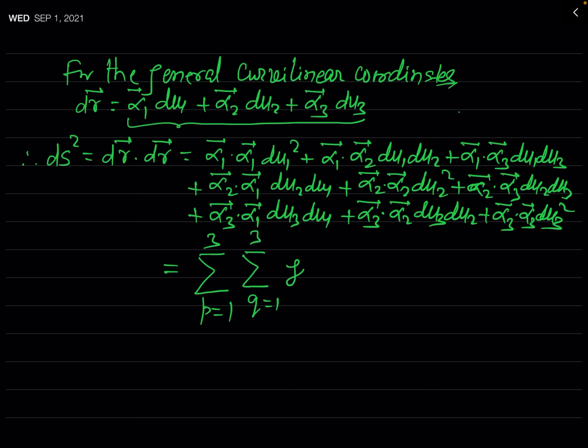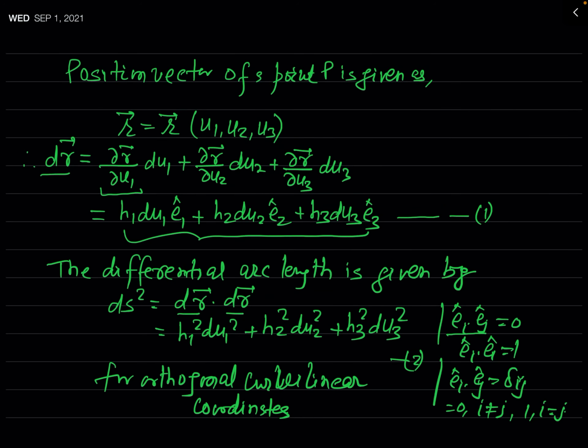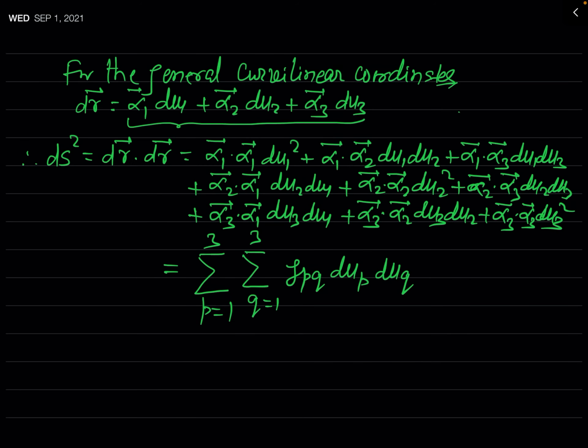And then you can write g_pq du_p du_q, and this is your equation 3.